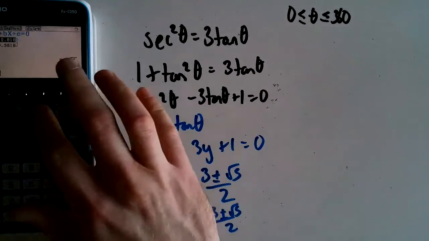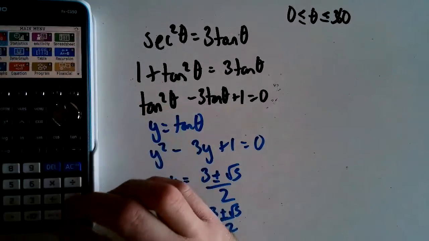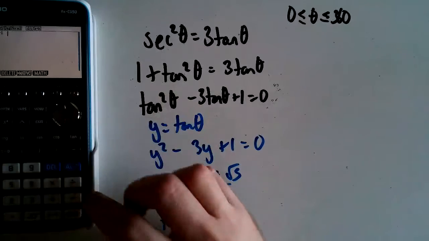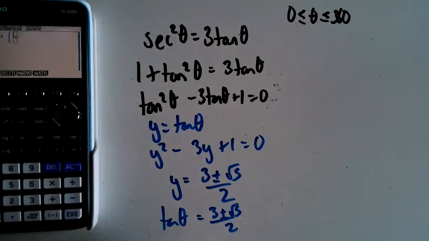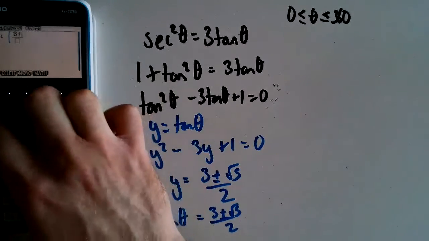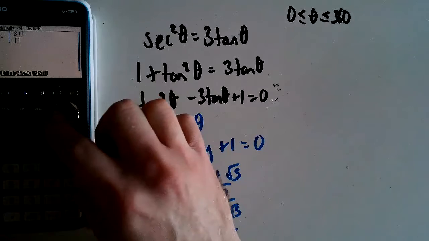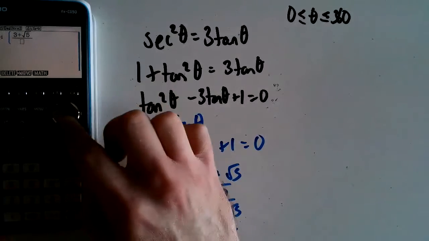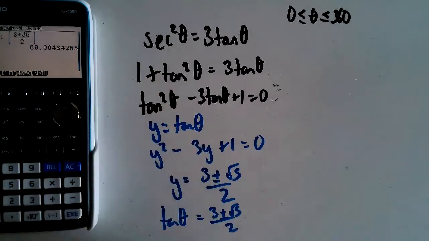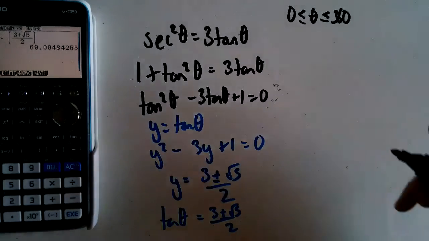So to get your answers, you have to go back onto here and do tan minus 1, then type that in. So 3 plus root 5 over 2. What did I say, nearest degree? So that one would be 69.